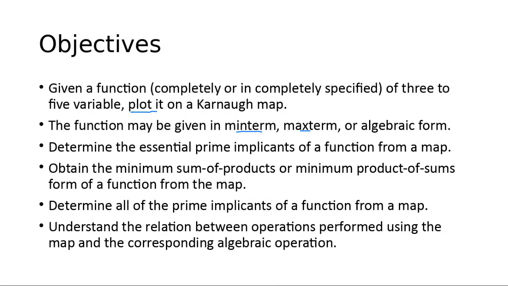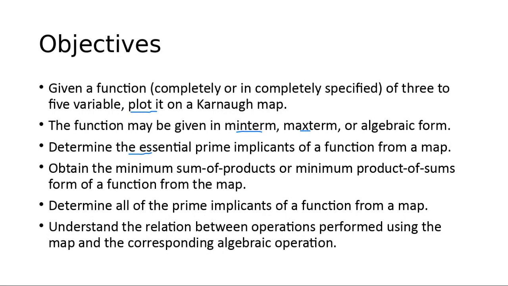You know the minterm, you know the maxterm. Also, you know the algebraic form. Determine the essential prime implicants of the function from the map. We will do that also. And we obtain the minimum sum of products and minimum product of sums.